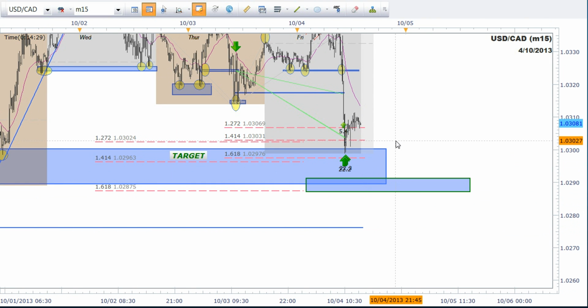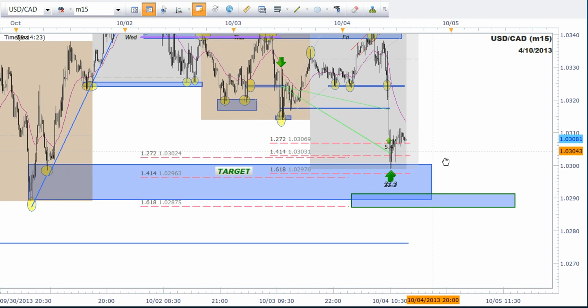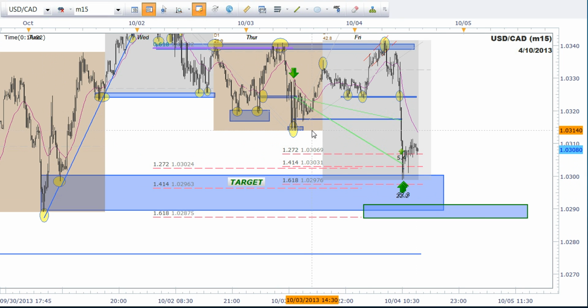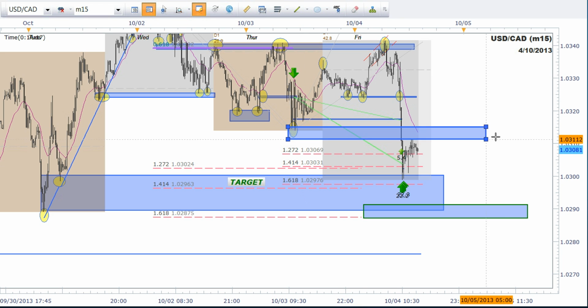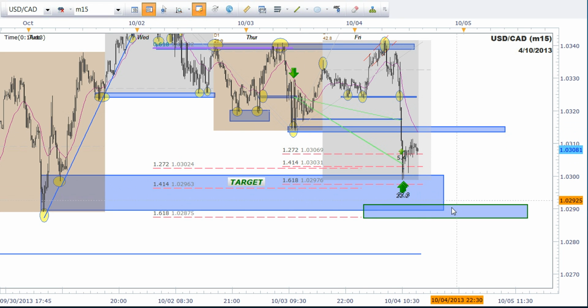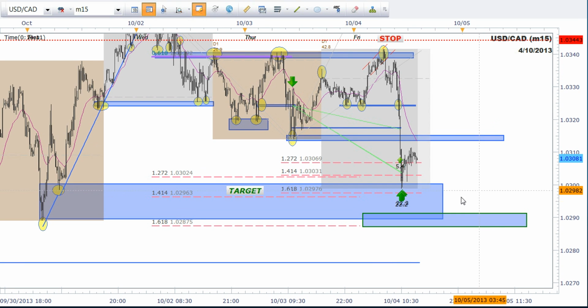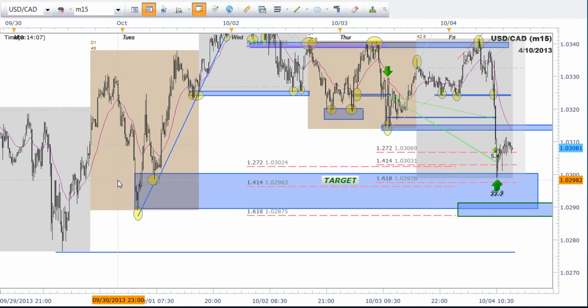But I shouldn't be taking any short trades inside of these blue boxes. Short trades would come inside of this blue box. Inside of here, I look for patterns. I look for things that would suggest taking long trades because I'm at a significant support level.